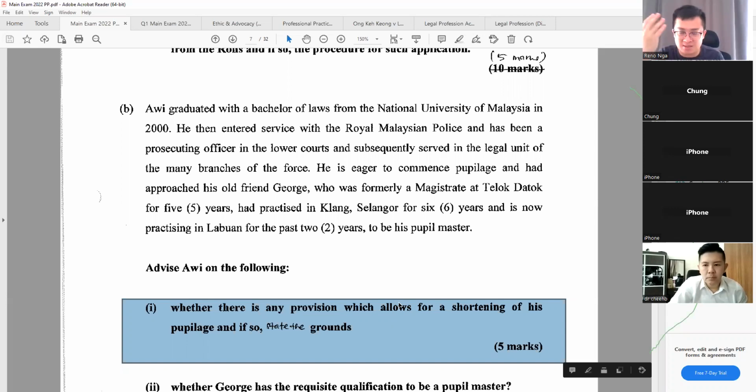They can practice as a DPP without becoming a lawyer. So that's why when they come out, they want to become a lawyer. Takkan they practice so many years already as a prosecution, now you ask them to become a pupil for 9 months. So that's why this provision actually is designed for them. So you are PPP, PT last time, actually you can apply for shortening your pupillage because you have sufficient experience. So you can apply there.